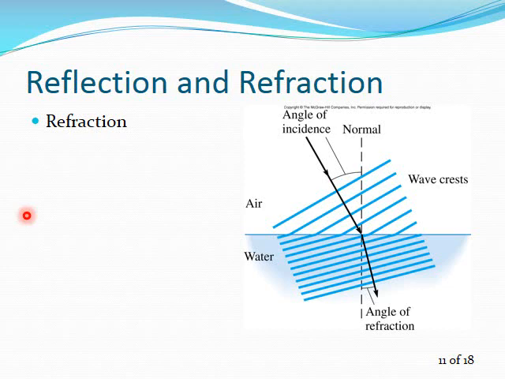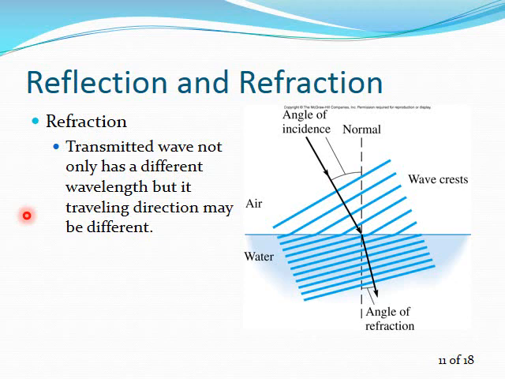Well, what is refraction? Refraction is when you have a transmitted wave. It just doesn't have a different wavelength. As you can see here, these are the crests of the waves. The blue lines are the crests. And you see as it enters water, they're closer together, so the wavelengths are changing.